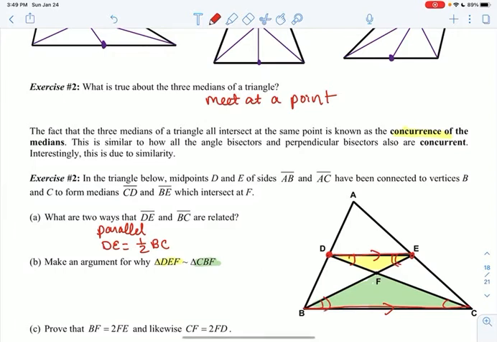Okay, I'll put some numbers in there just so I can say which angles I'm talking about. So angle 1 is congruent to angle 2. Angle 3 is congruent to angle 4. Because remember, the lines are parallel, so those are alternate interior angles. Therefore, the triangles are similar by angle.